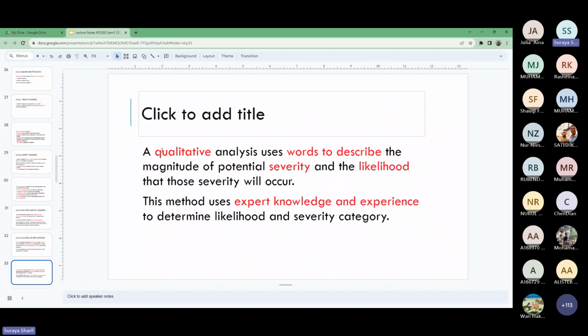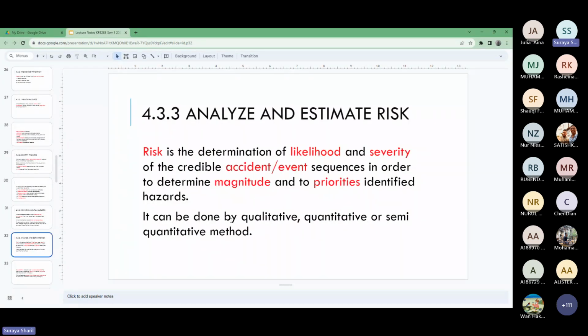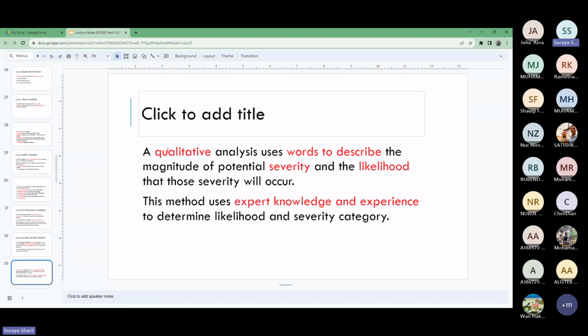A qualitative analysis uses words to describe the magnitude of potential severity and the likelihood that those severities will occur. This method uses expert knowledge and experience to determine likelihood and severity category. So this is one of the techniques to analyze risk, which, the first one, is qualitative.